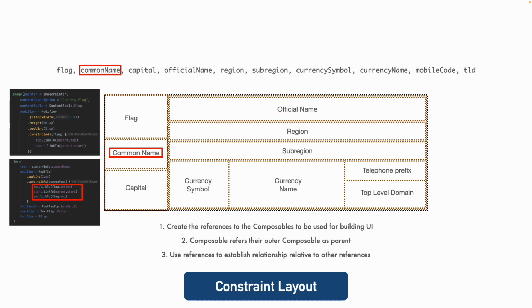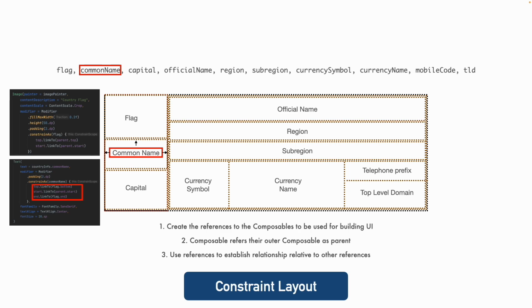The first line, top.linkTo, that is commonName's top, is aligned with the bottom of the flag. Start of commonName is aligned with the start of the parent, that is parent.start, and then you want to decide the width of this text. To set that text width, we use end, that is the end of commonName is aligned with the end of the flag, and that is how you basically set your layout.